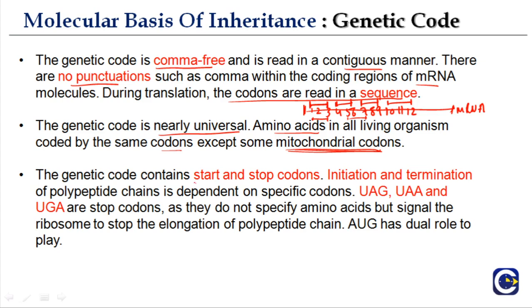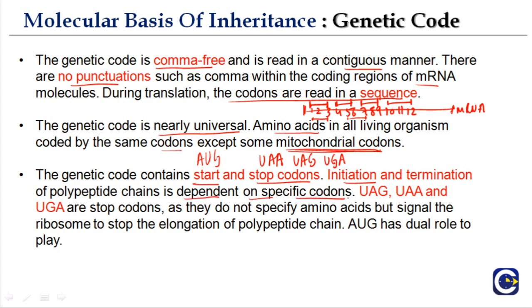The genetic code contains the start and stop codons, and by now we know that, right? Which is the start codon? AUG is the start codon, and the three stop codons are UAA, UAG, UGA. Just keep on saying that 3-4 times, it will get into your head very easily. Initiation and termination of the polypeptide chain is dependent on specific sequences.